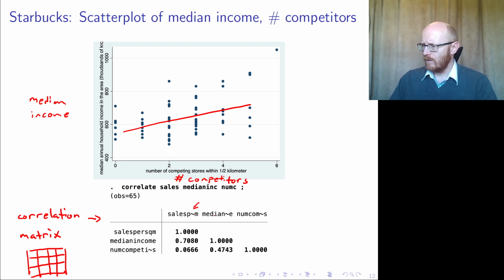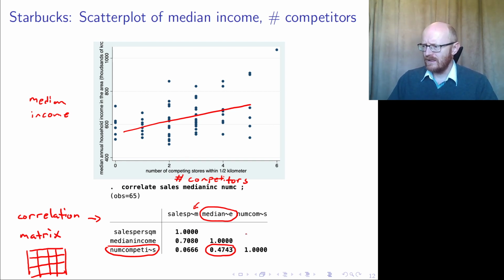Okay, so what's interesting is the median income versus the number of competitors, which you find here. This is the correlation between median income and number of competitors, and it's positive, which means that in more affluent areas there will be more stores or more cafes, which increases the number of competitors.